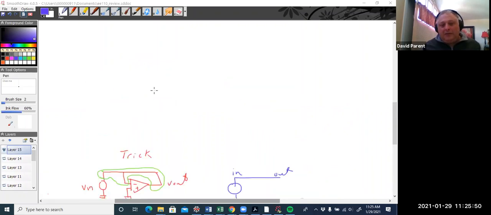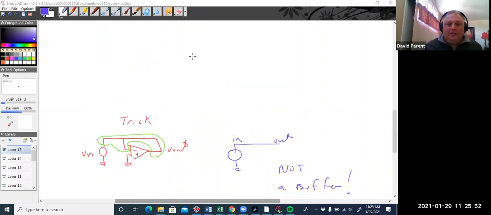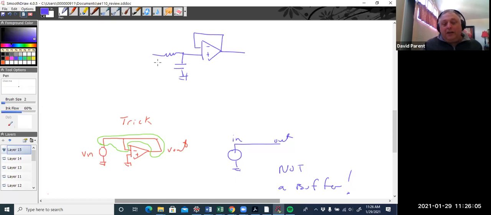The thing about a buffer is that I can have an RC circuit here, and I can figure out what's going on here, but the current going in here is 0 because it's ideal.